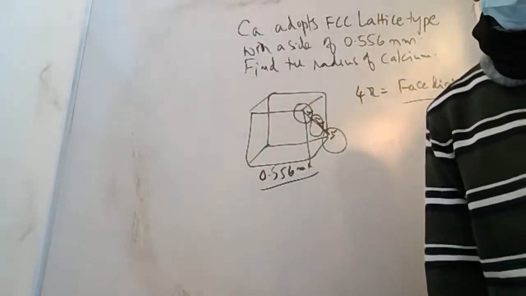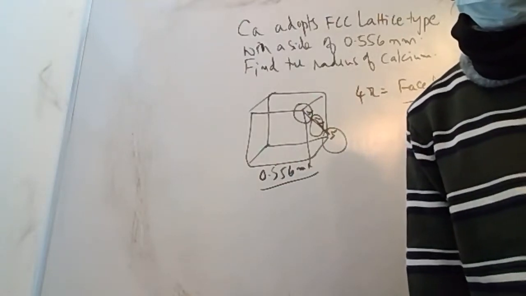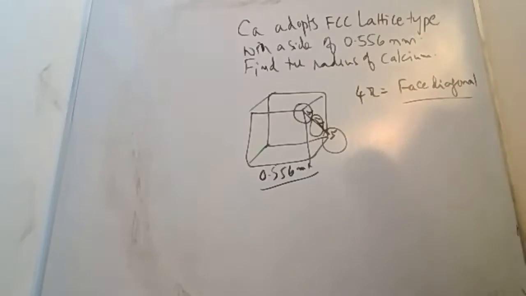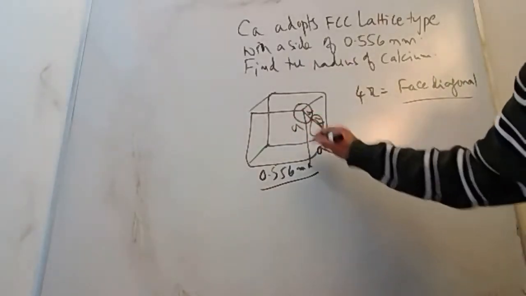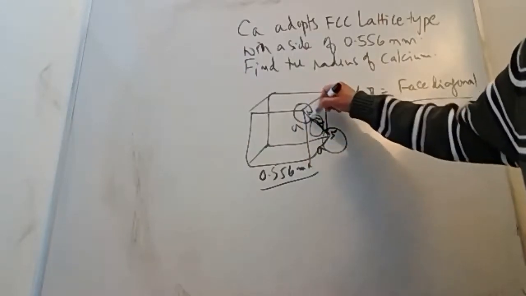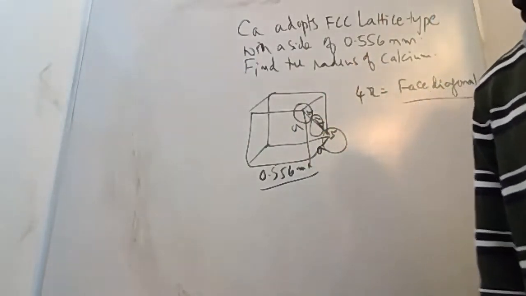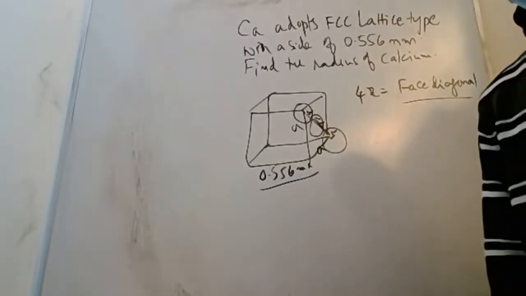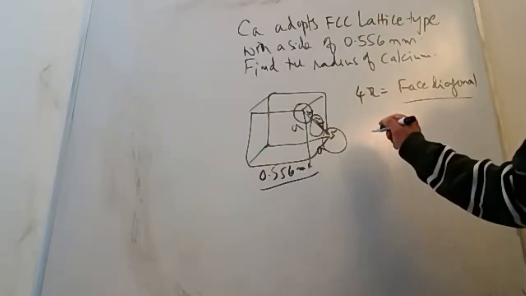Use the 45-degree angle triangle to find it. If this is A and that is A, that's a rectangle right there, so the hypotenuse is root 2 A. That's correct.